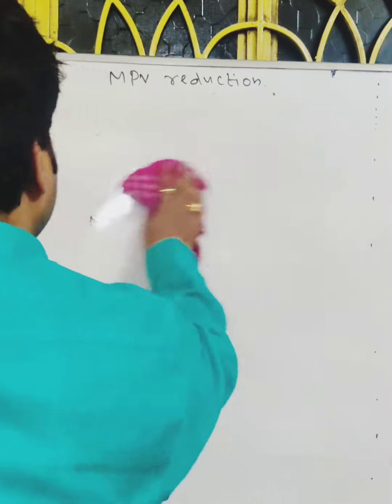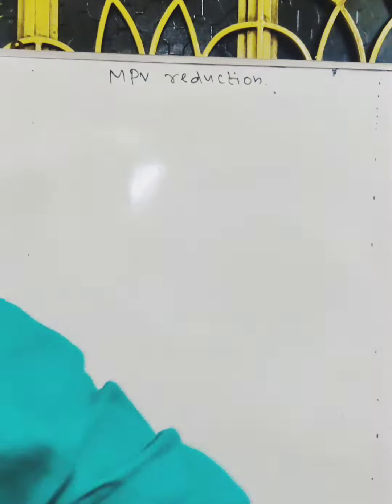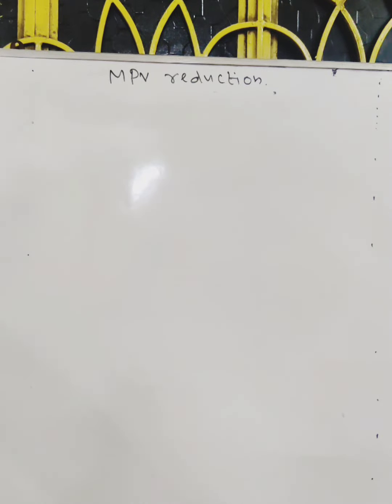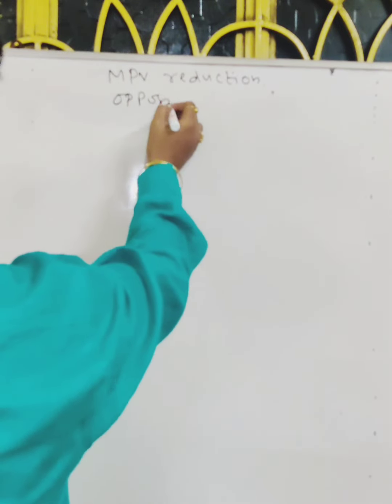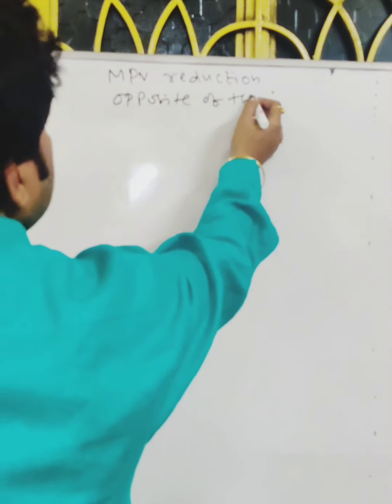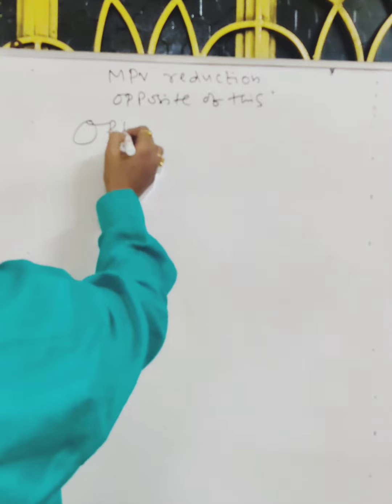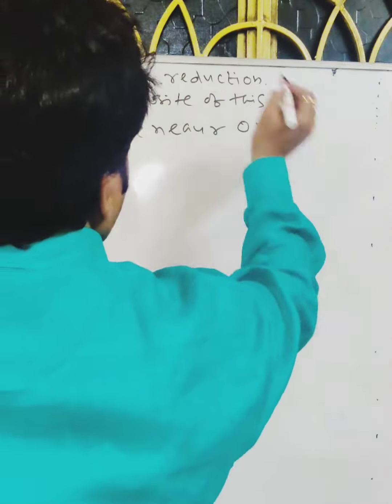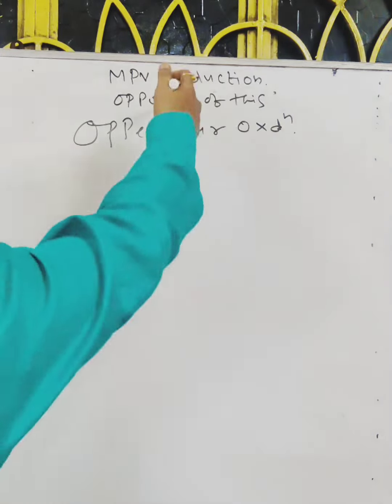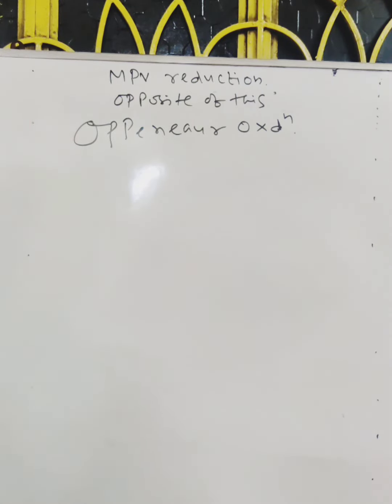Now the question is, sir, what is the other reaction that you told us will be used here? Just the opposite of this is the Oppenauer oxidation. Just the opposite of MPV reduction is the Oppenauer oxidation.